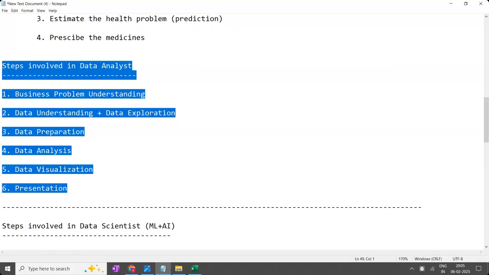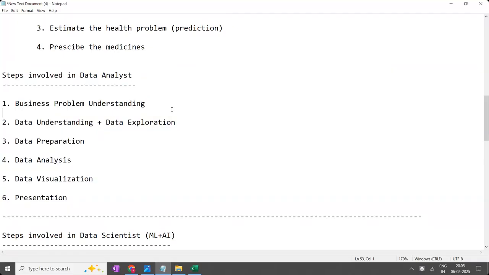Who can choose the data analyst role? If you are from a non-IT background, or you want very little programming and more easiness, then it is better to choose data analyst.